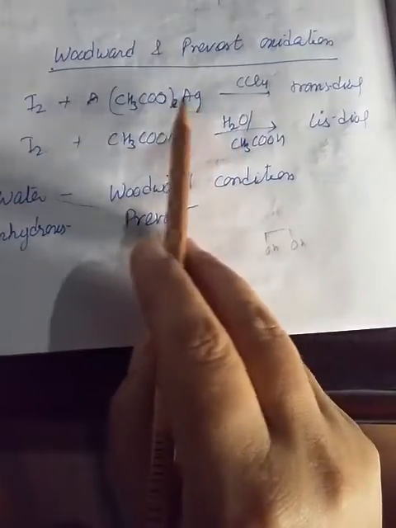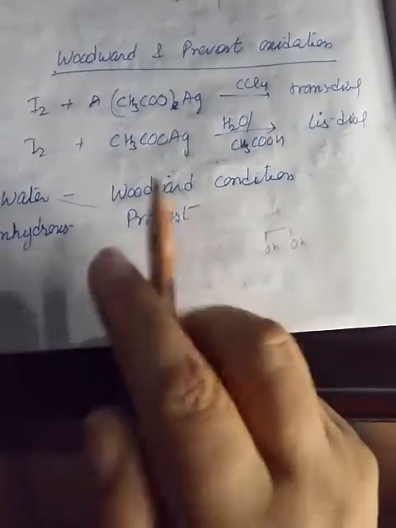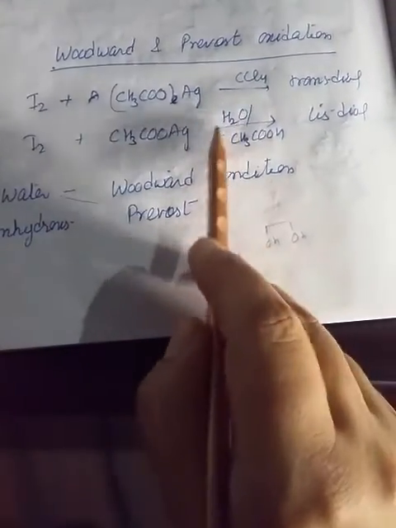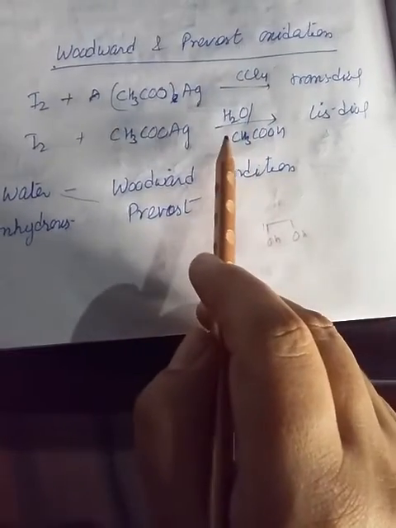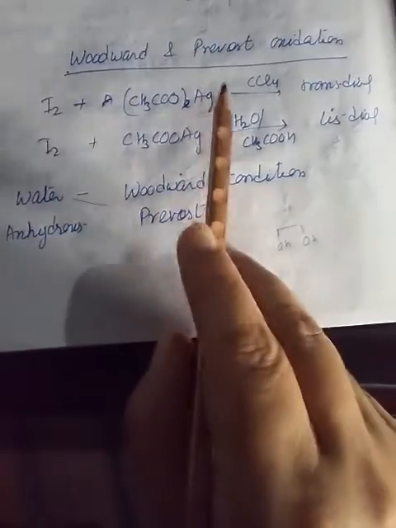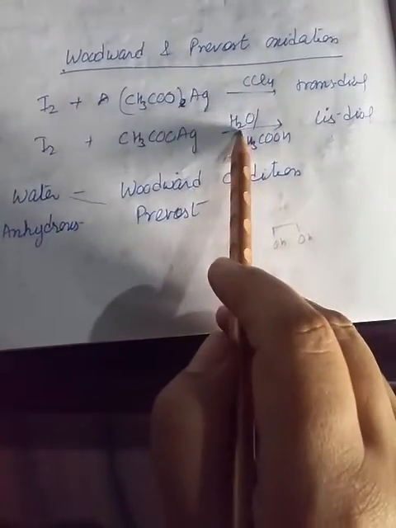an equivalent of silver acetate and silver benzoate is used for Prevost condition. And for the Woodward condition, if the medium is aqueous medium, then the reaction is known as Woodward reaction. So reagents are same, iodine, silver acetate. There is only a difference between the solvent.